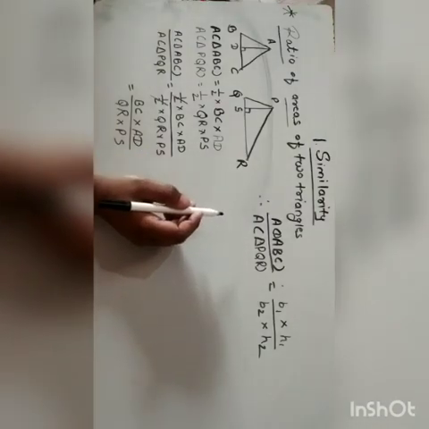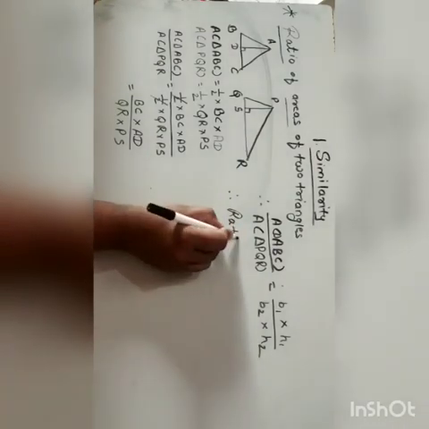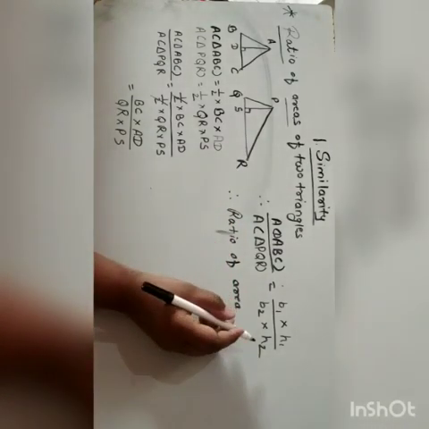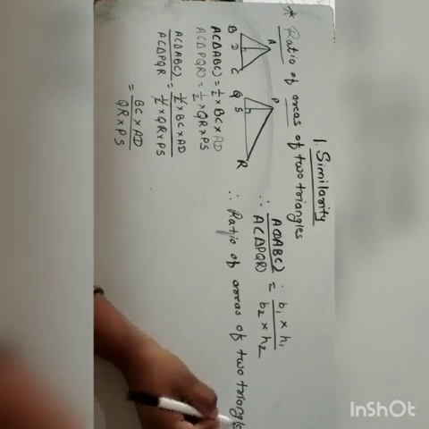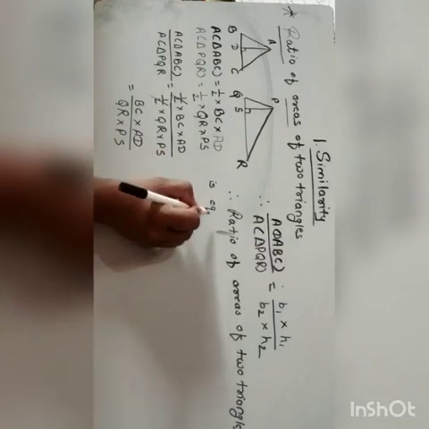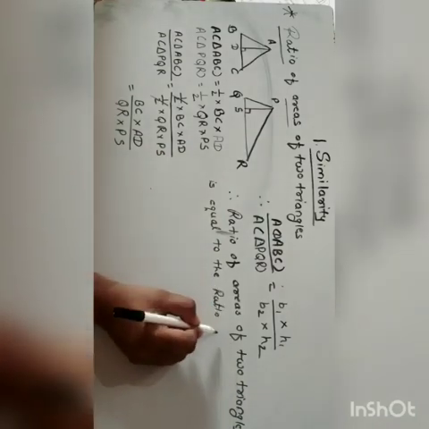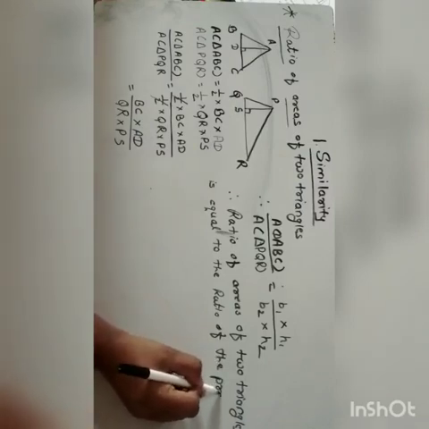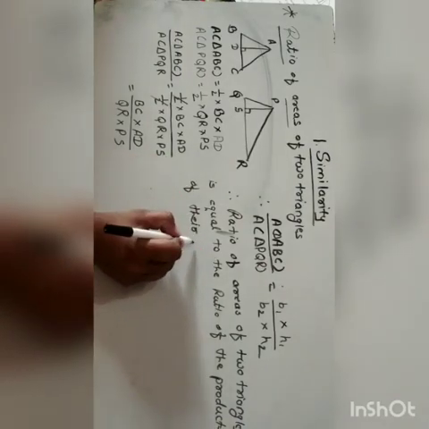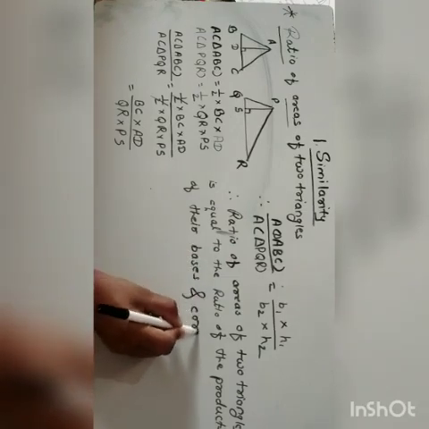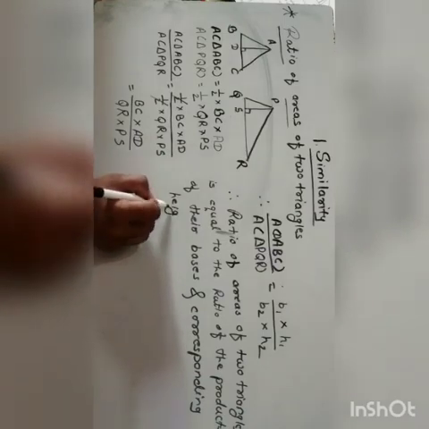So from this we say that the ratio of areas of two triangles is equal to the ratio of the products of their bases and corresponding heights. Clear? So note down this first of all.